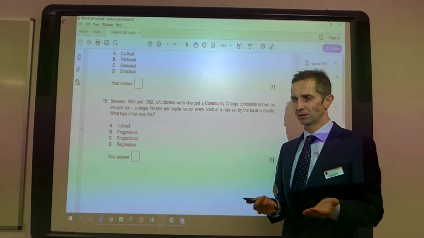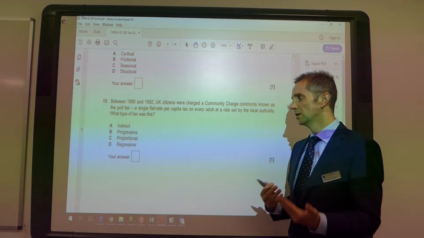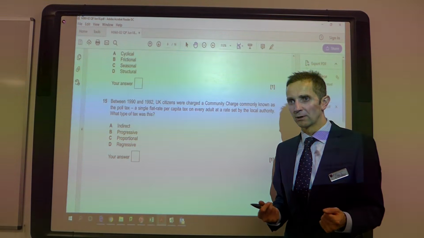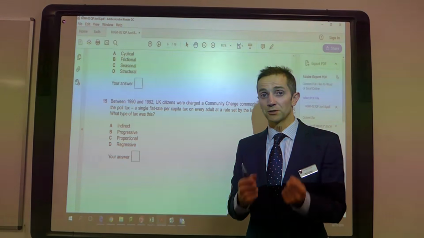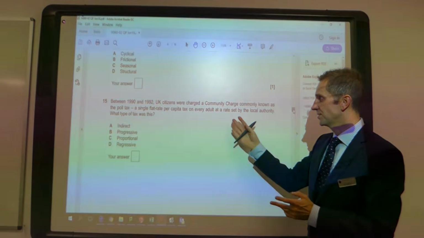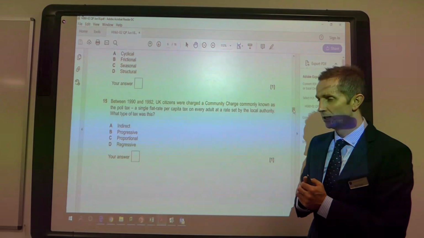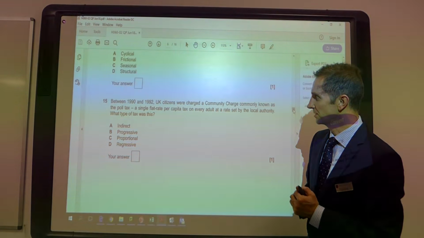In the same way, you know, sometimes you can think of VAT. Yes, it's proportional, but VAT is also regressive, isn't it? Because it takes a larger proportion of income from less well-off individuals, and the same thing is happening here with regard to the poll tax. I remember it well back in the late 80s, early 90s.